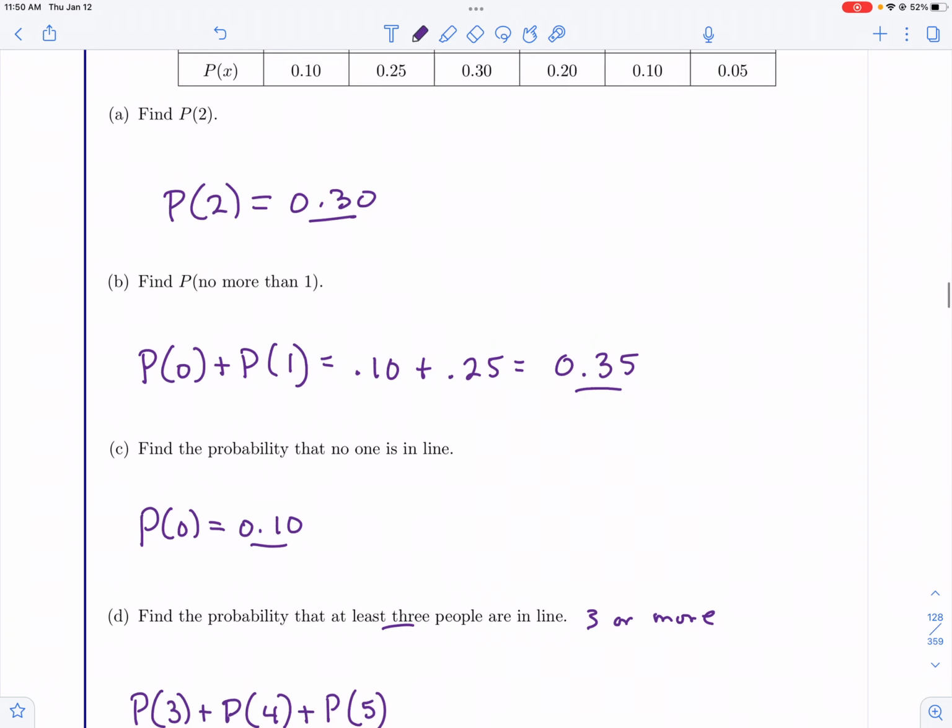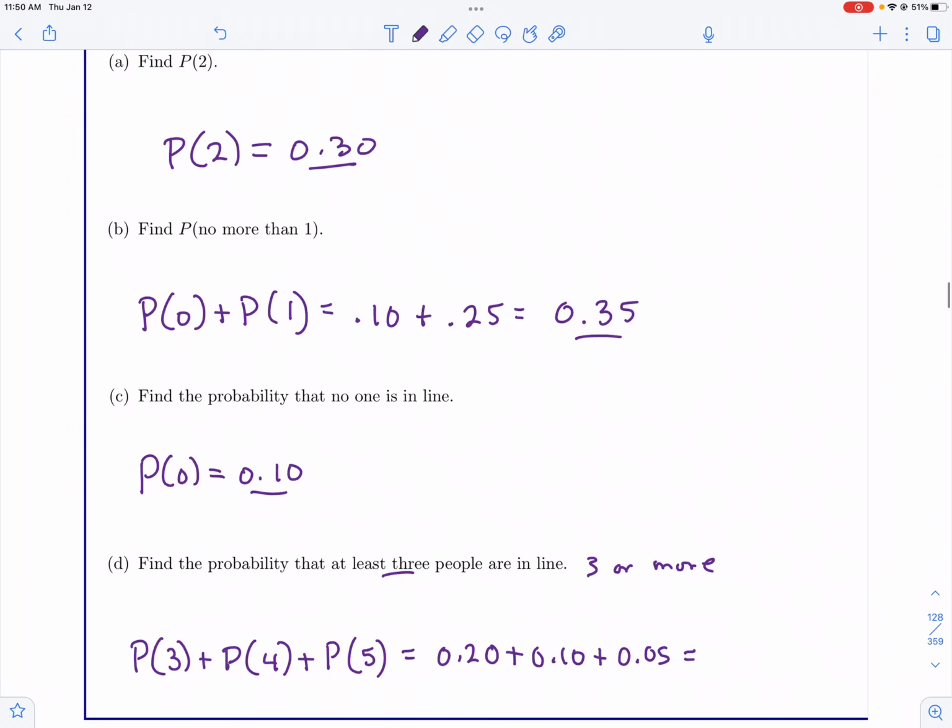And so in this case, we can see the probability of 3 is 0.20, the probability of 4 is 0.10, and the probability of 5 is 0.05. And so when we add this together, we're going to get 0.35 for this.